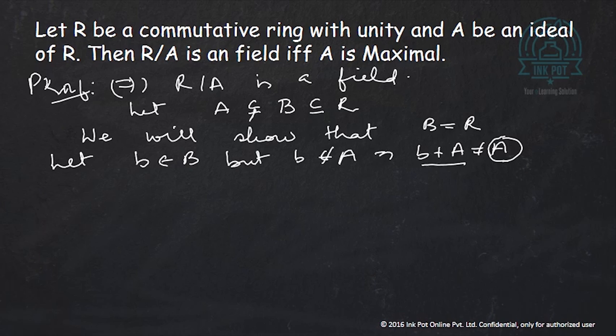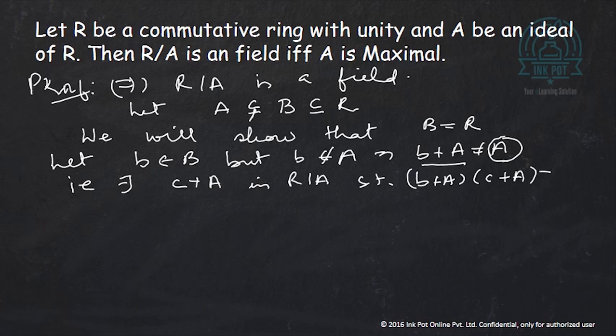So we let c plus A be the inverse of b plus A. That is, there exists c plus A in R quotient A such that b plus A times c plus A is equal to 1 plus A, the unity element in R quotient A.